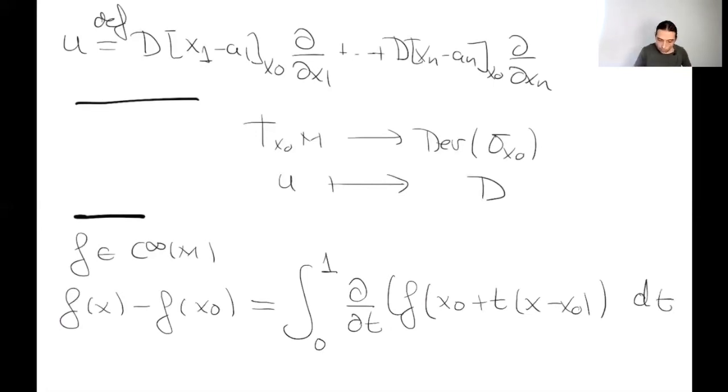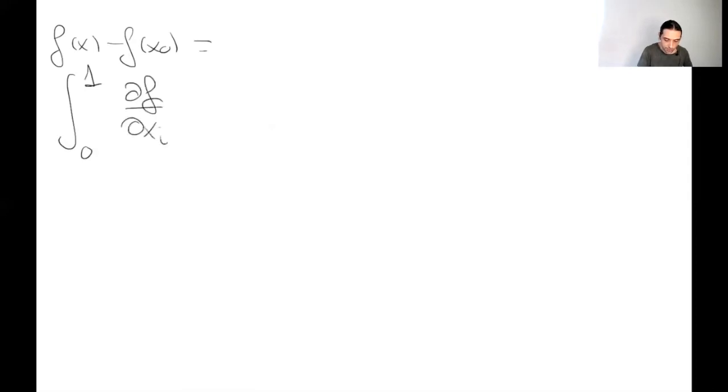Now we're going to do the calculations. This is going to be the integral, because of the chain rule, of the differential of f with respect to xi at the point x0 plus t times x minus x0.